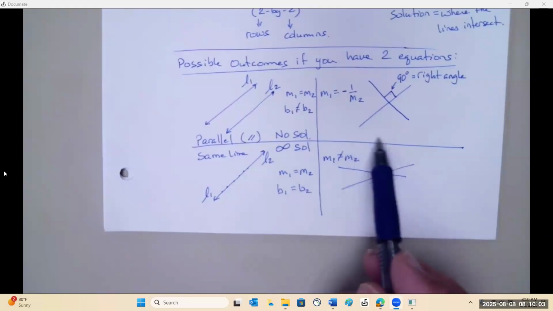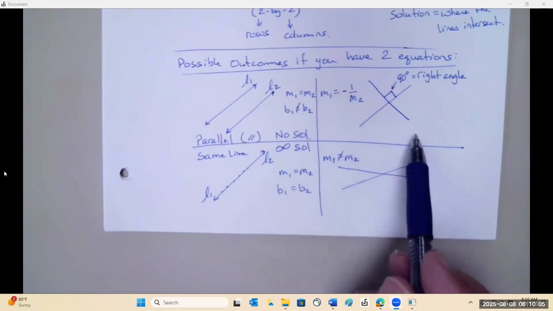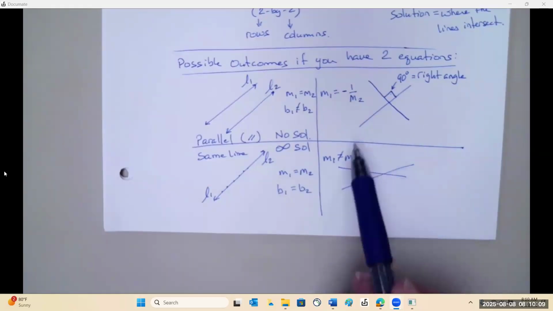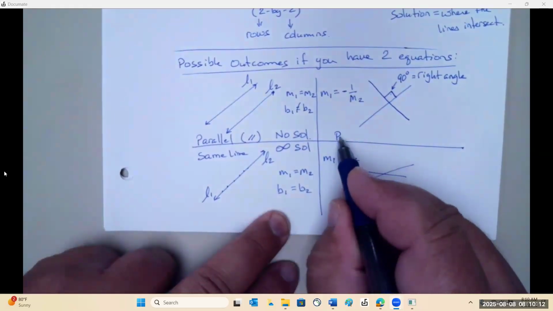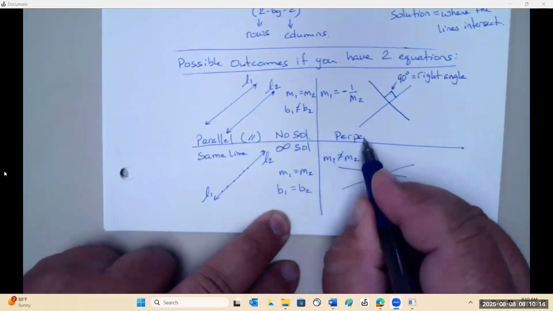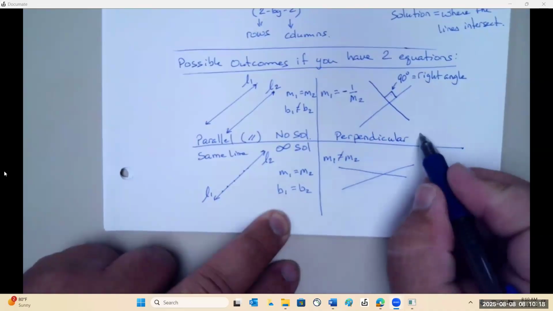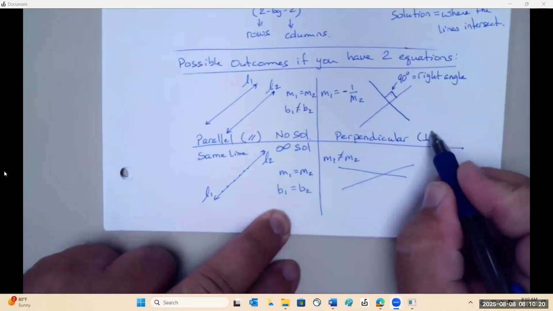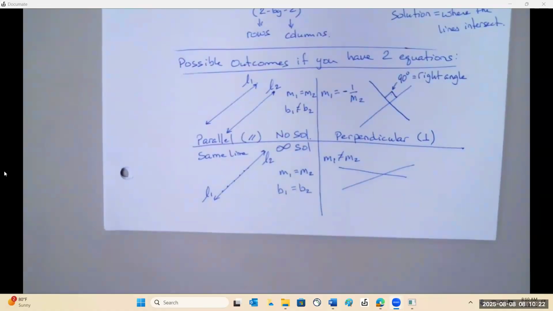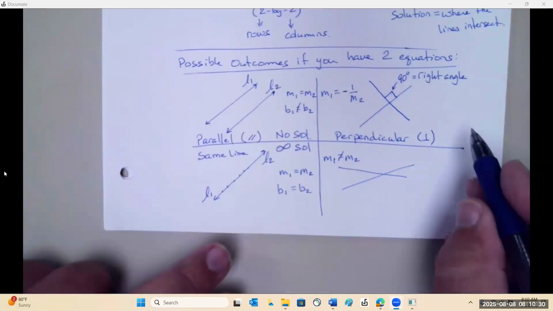What are these lines called? Perpendicular. Very good. Perpendicular. And we can use that little symbol there, whenever you see that upside down T, that means the lines are perpendicular to each other. How many solutions do they have? One solution.